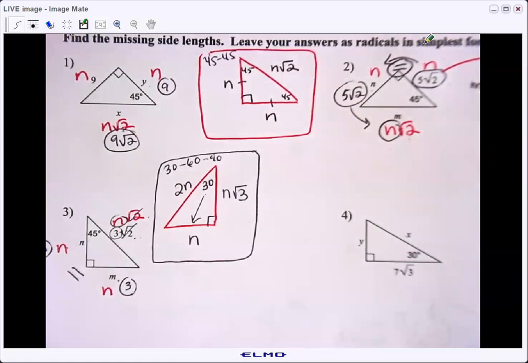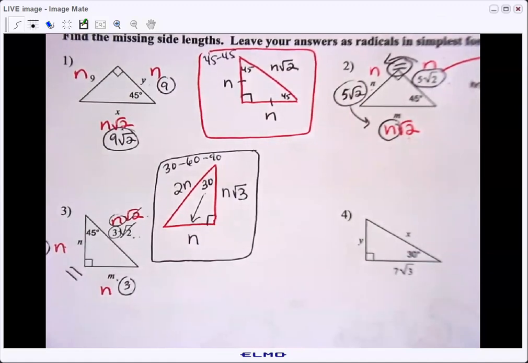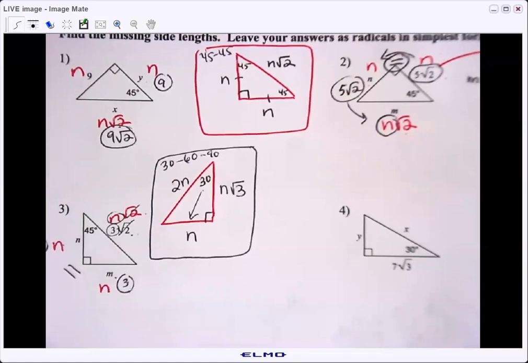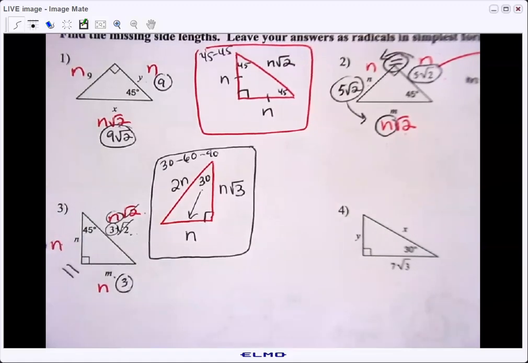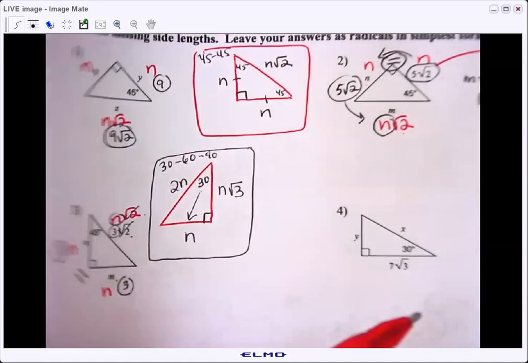So that detour that we did goes for this too. Okay. It's the same idea. But let me ask this. What do they all have in common now? What do they all have in common?